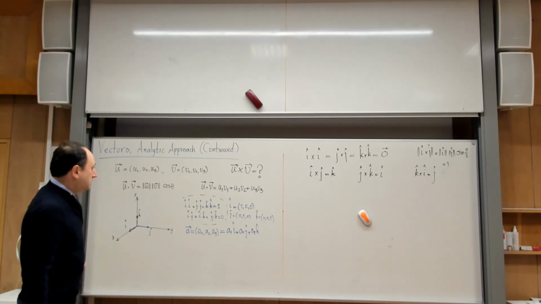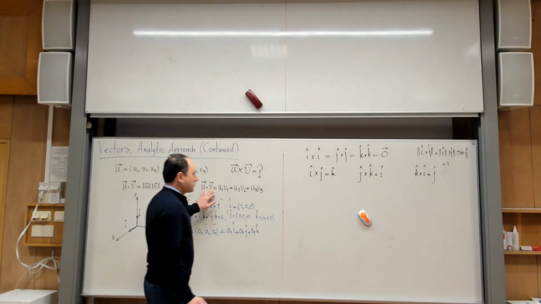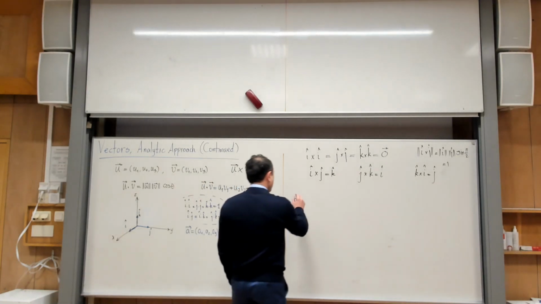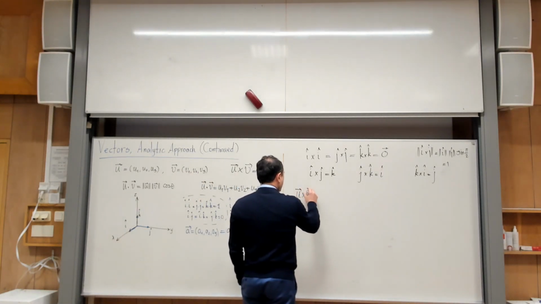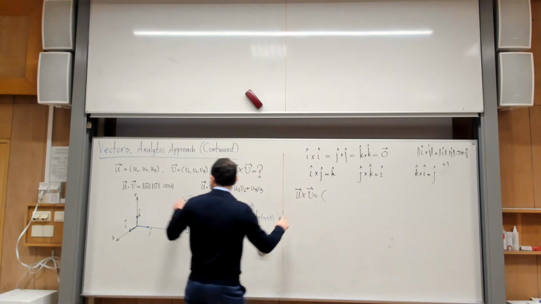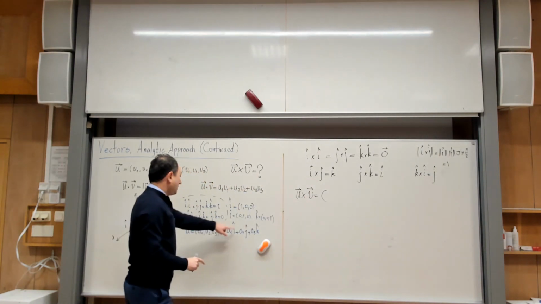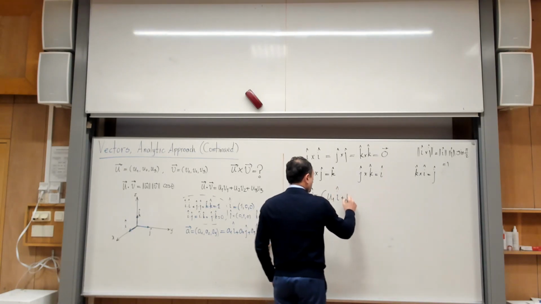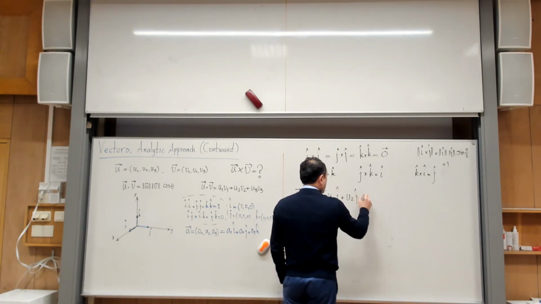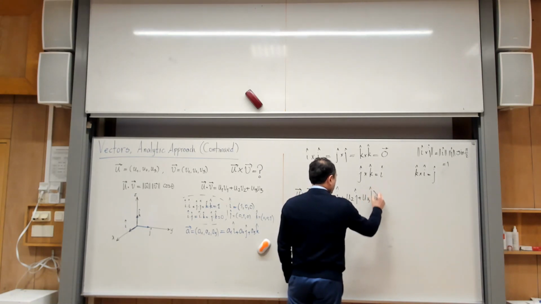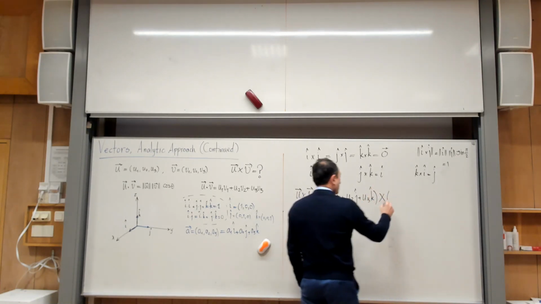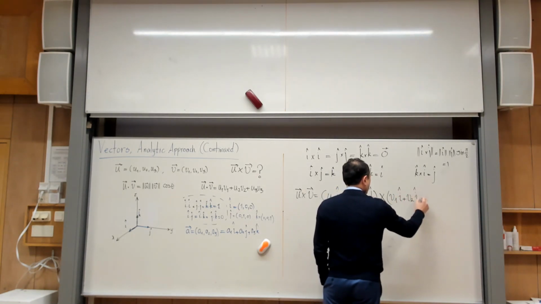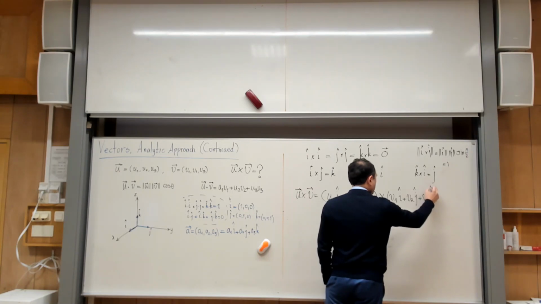The next step is just to do the same thing. So now I would write u cross v is equal to, instead of u, I can write u1 i plus u2 j plus u3 k, crossed with v1 i plus v2 j plus v3 k.